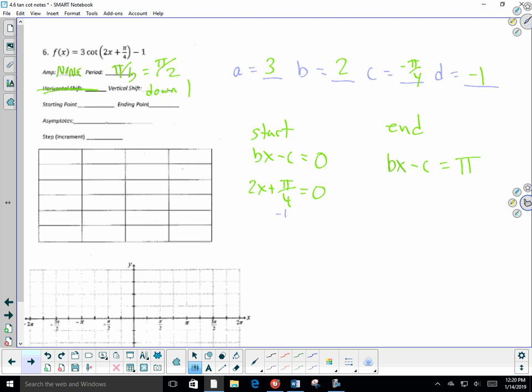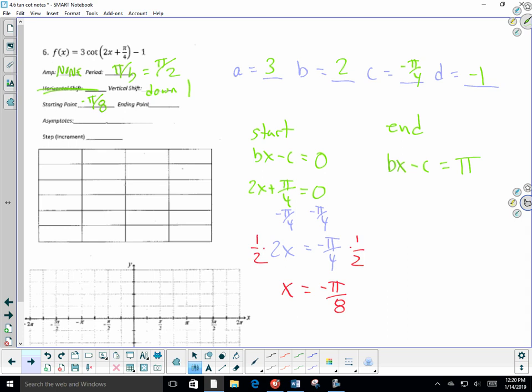I'm going to subtract pi over 4 from both sides. I get 2x equals negative pi over 4. Multiply by 1/2 on both sides, and I get x equals negative pi over 8. And that's going to be my starting vertical asymptote. I wrote starting point, but in this case, it's really a starting vertical asymptote.